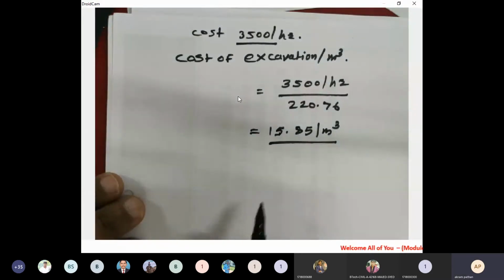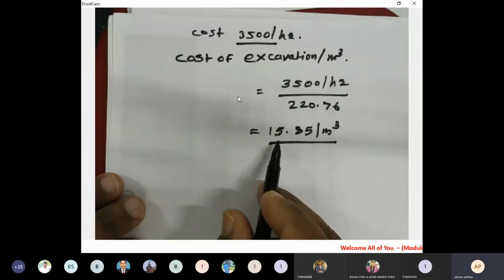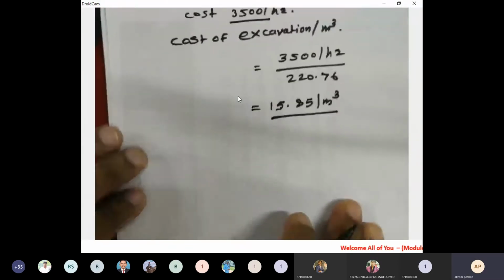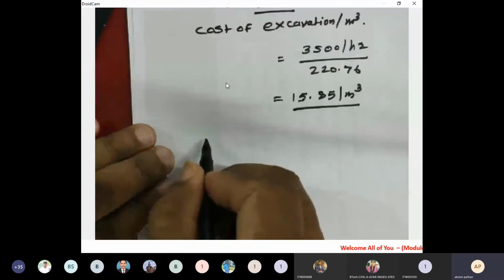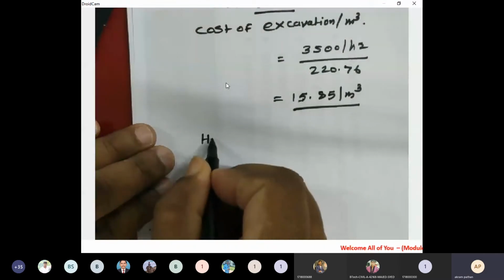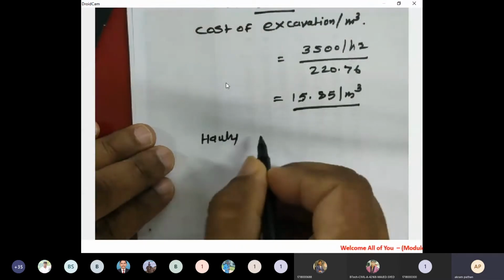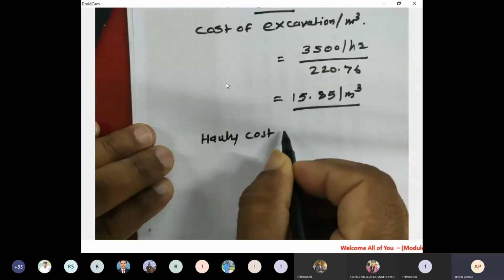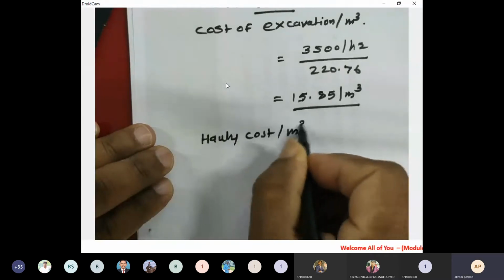So the cost of excavation per meter cube is rupees 15.85. Then the hauling cost of the equipment. Hauling means the transportation cost after dumping that material, per meter cube.